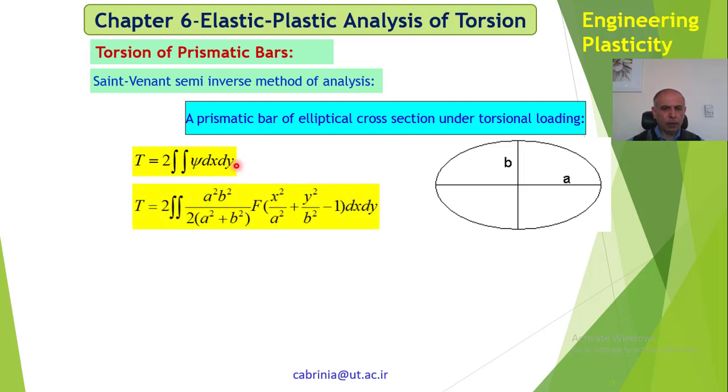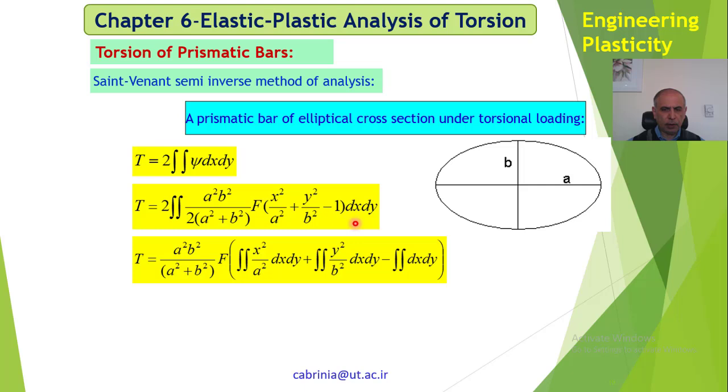So we substitute for psi in here and do the integration. If we do the integration, we take out the constants, so we have here dx dy only, and here we got x squared and y squared.